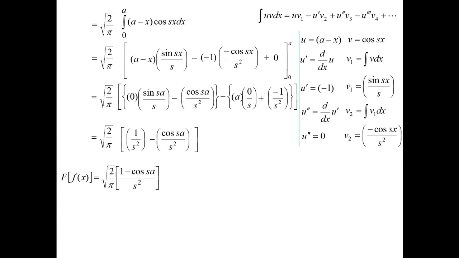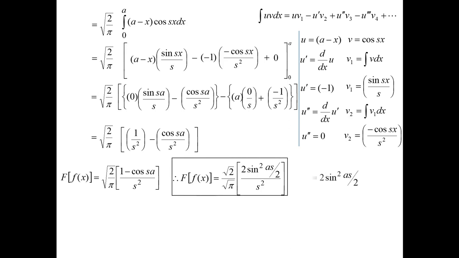It is 1 minus cos sa by s square. That 1 minus cos sa can be written as 2 into sine square sa by 2. The reason is that the 1 minus cos sa formula is 2 sine square sa by 2. So therefore we got the Fourier transform for the given function. This is nothing but square root of 2 divided by square root of pi into 2 into sine square sa by 2 divided by s square.